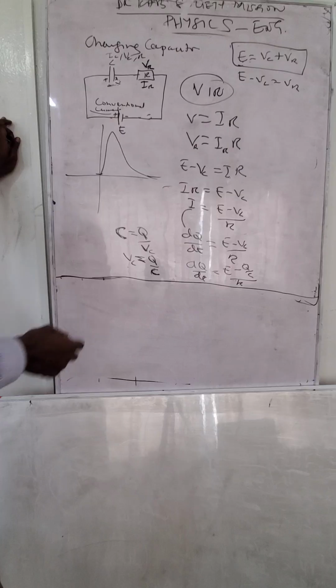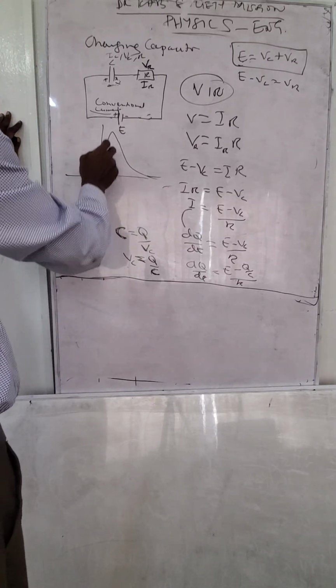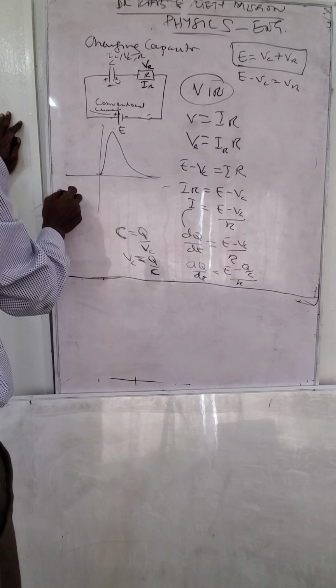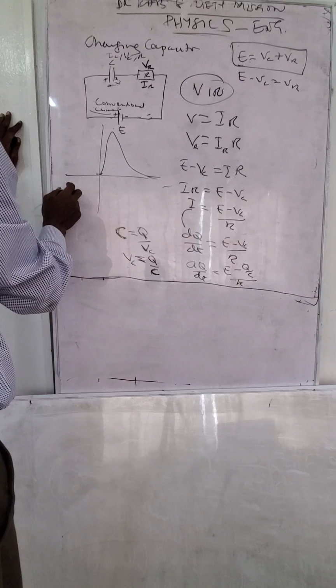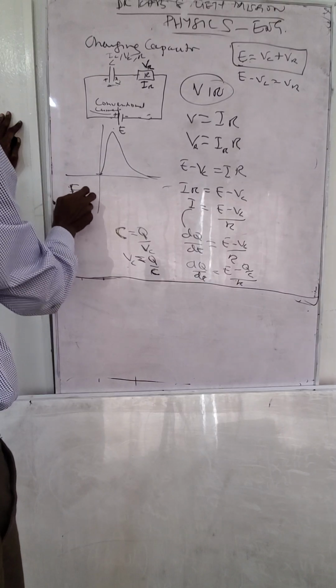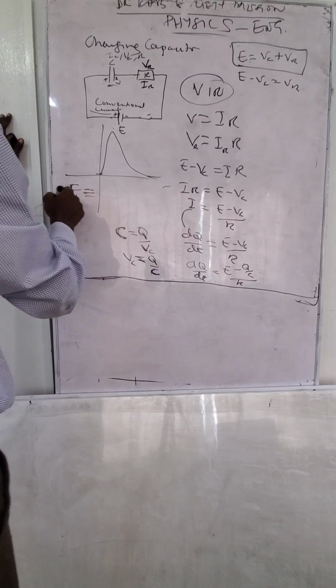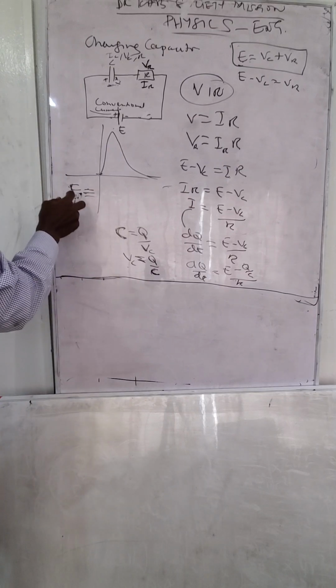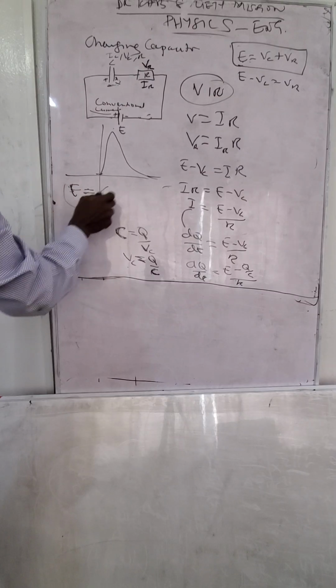Right. Now we know that at the maximum point, when it is fully charged, the E can be related to our C, of course. There can be a relation between that.